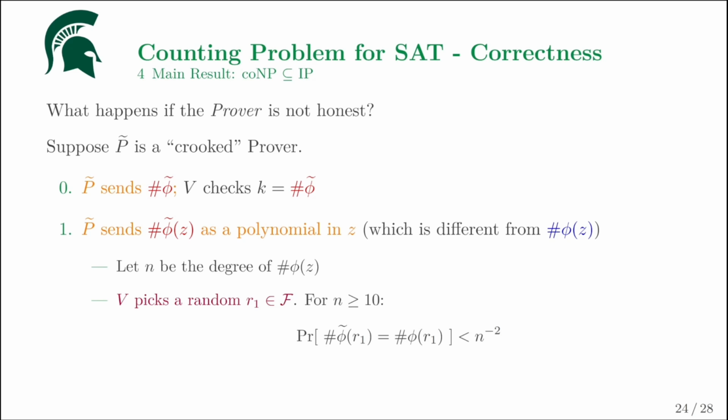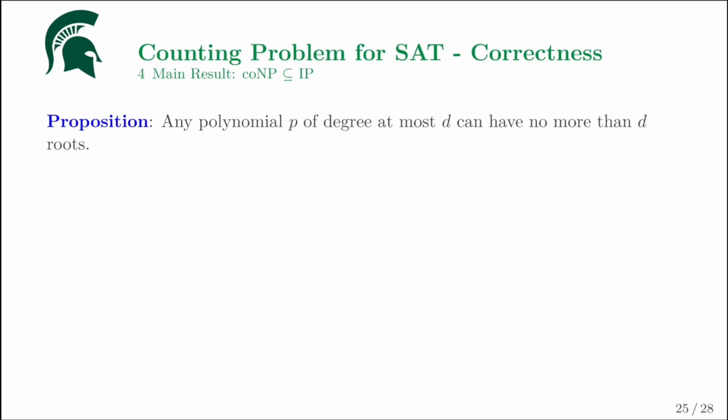If n is at least 10 and the field is large, this probability becomes very small, ensuring that the verifier detects the dishonesty with very high probability. As mentioned before, any polynomial p of degree at most d can have no more than d roots.